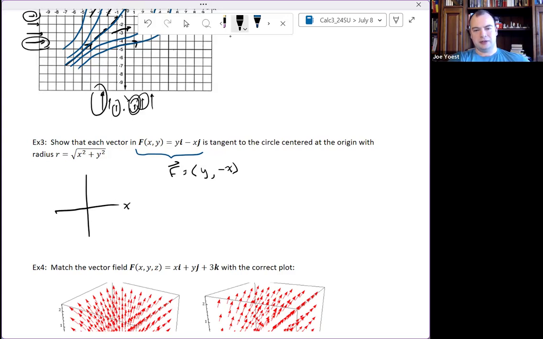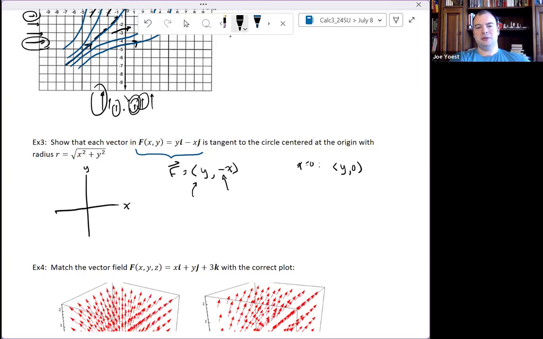So let's make it easy for ourselves to start with. When x is 0, we have no vertical component, only horizontal. When x is 0, we have a horizontal component y.